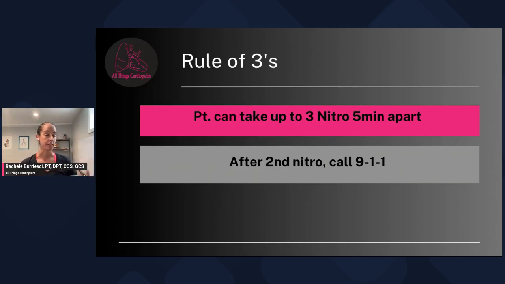If the angina does not go away, they can take a second nitro, place it under the tongue, wait 5 minutes. At this point, you're calling 911. If the angina still does not resolve after the second nitro, they can take a third nitro. So the rule of threes means the patient can take up to 3 nitros 5 minutes apart.